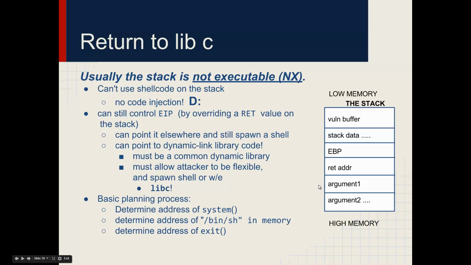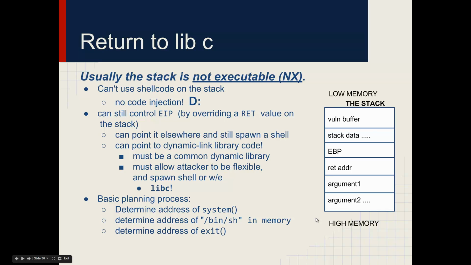Now, as I said, what happens is you push your arguments, and then when the function is called, you push the value of EIP onto the stack. So that's where we want our function, once it's done executing, to return to, if we want it to return cleanly. And then after that, this is where the first argument will go, and then after that will be the second argument, and so on.